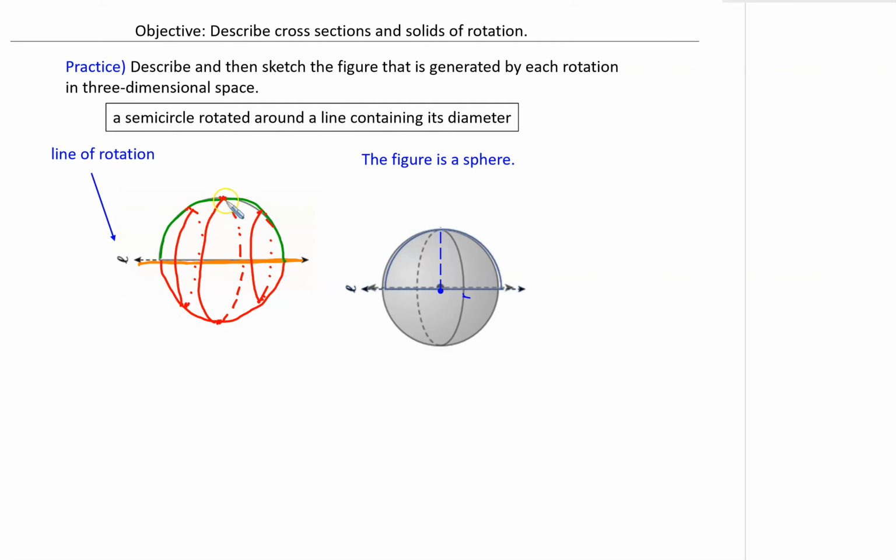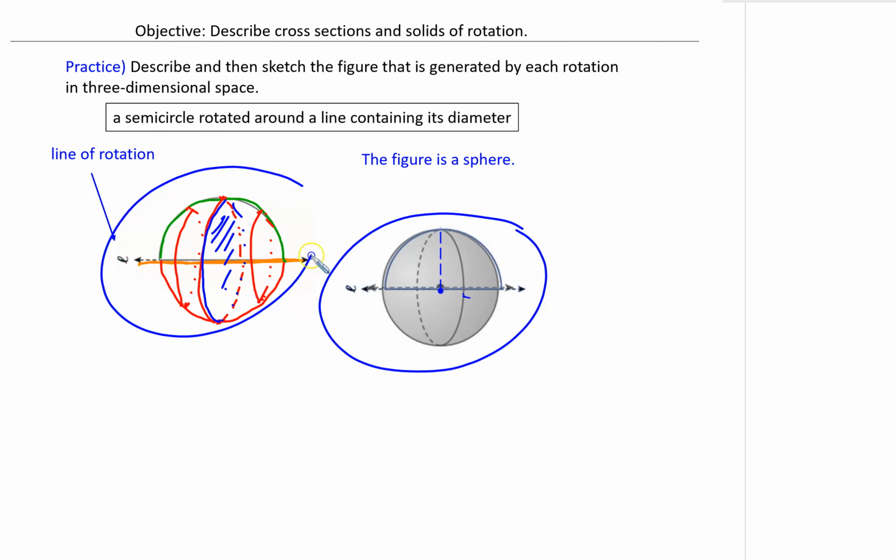If you recall from our volume unit, this would be right here a great circle. So that's a great circle there, but the sphere here may be easier to see in the diagram that's there. But this would be our sketch, and this would be our description.